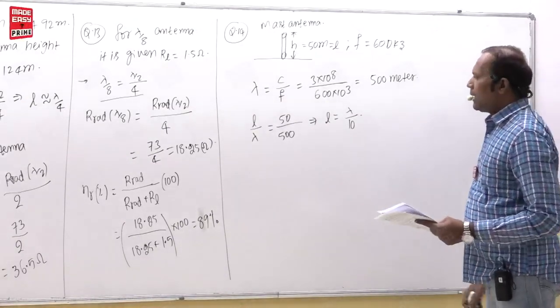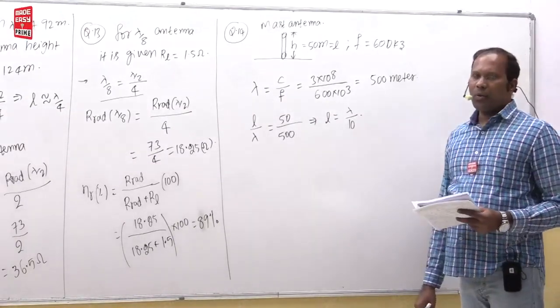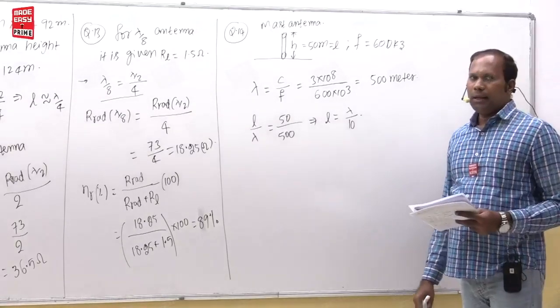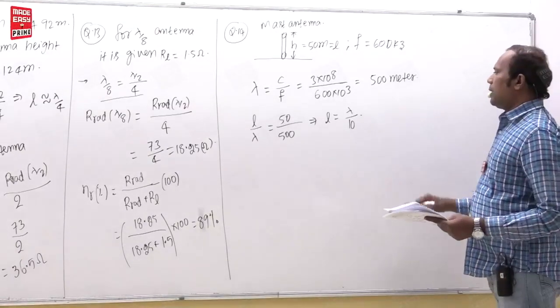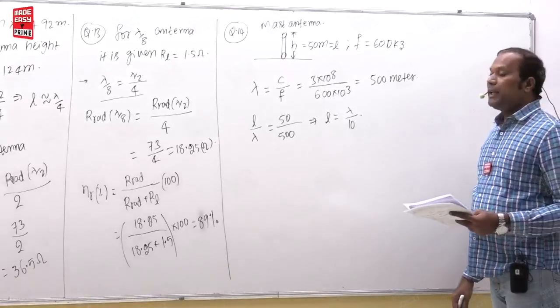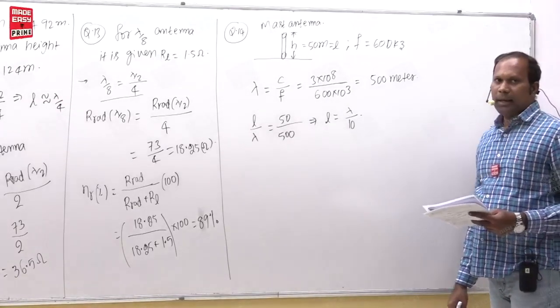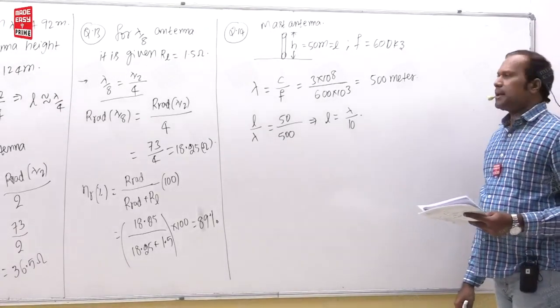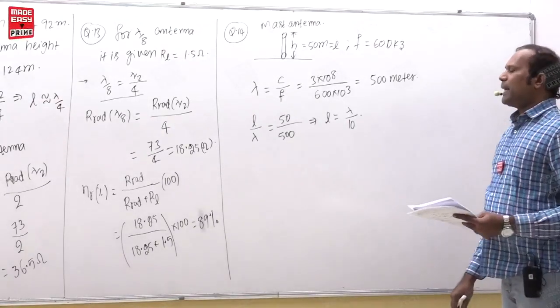But here uniform current distribution is not mentioned in the question, so you have to take 20 pi square (dl by lambda) whole square, because in Balani's book it is given.